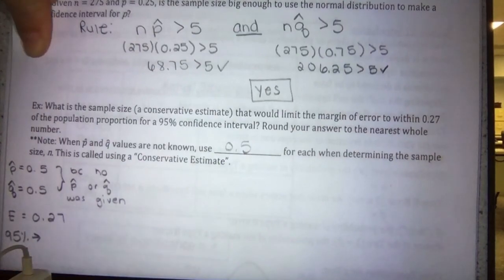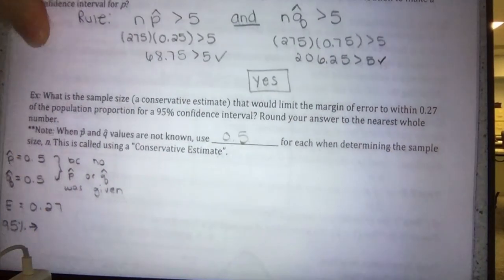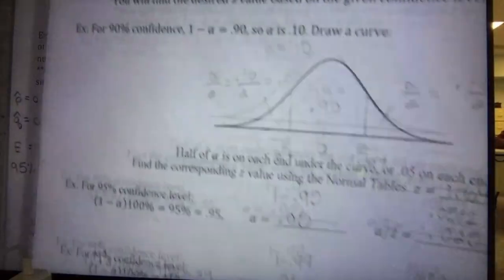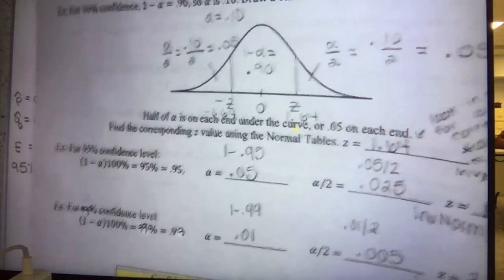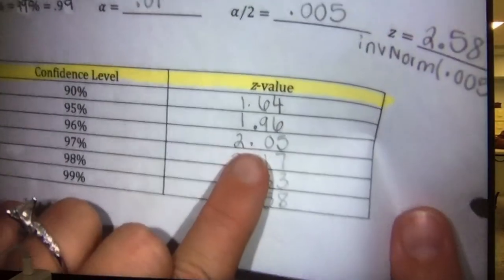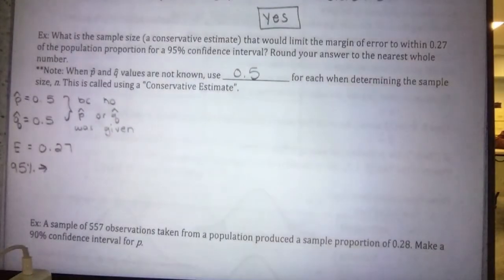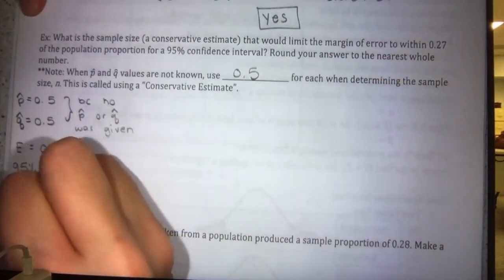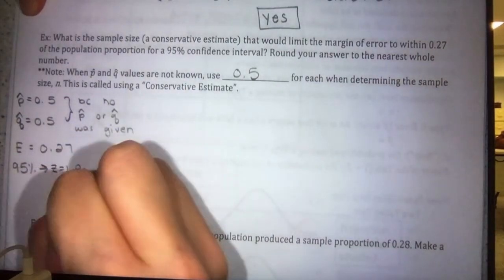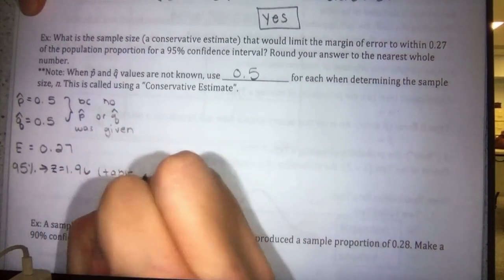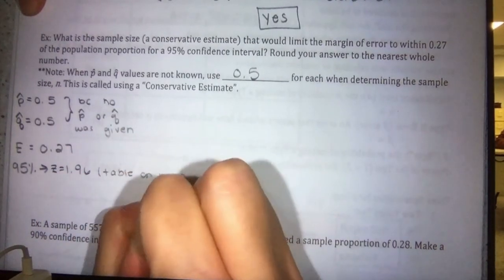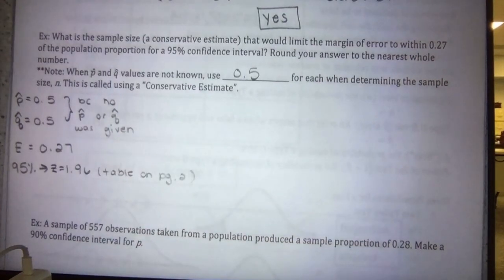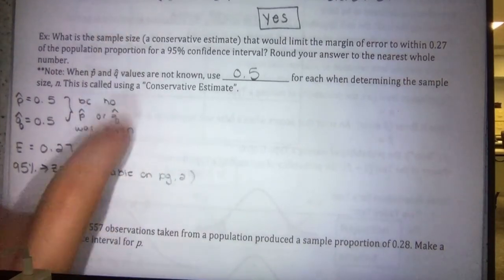So going to that table on page 2 real quick, 95% will give us 1.96. Bingo. Again, we're trying to find the sample size, so we're trying to find n.